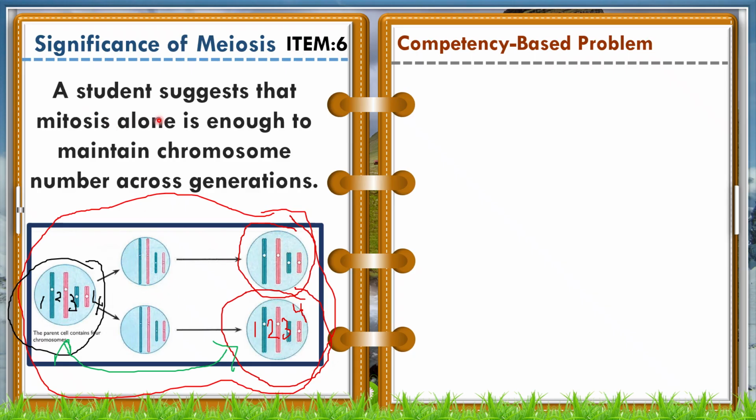So here a student is suggesting that mitosis alone is enough to maintain the chromosome number from one generation to another. Let's look at our task. Evaluate that statement.